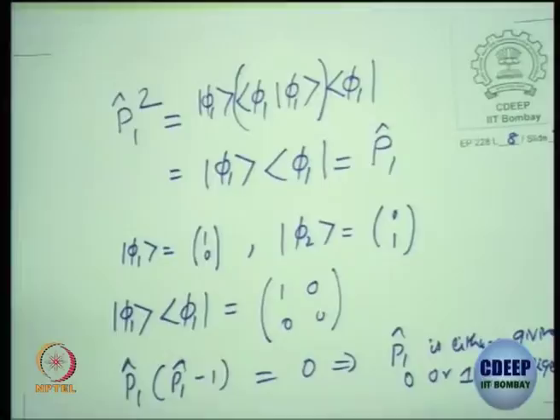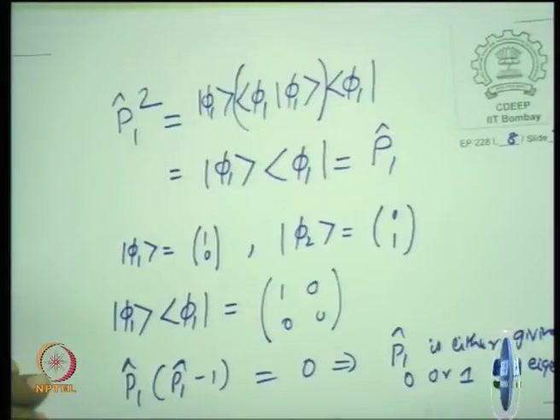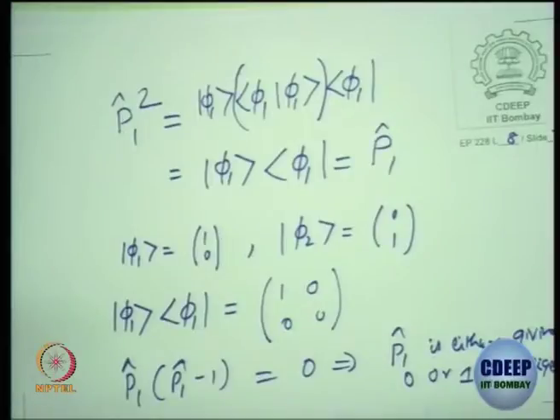This condition is a product of two operators, so it will tell me that P1 is 0 or P1 is equal to 1, that is all I am trying to say. And it should also satisfy P1 squared equal to P1. With these constraints, these are the only possibilities.